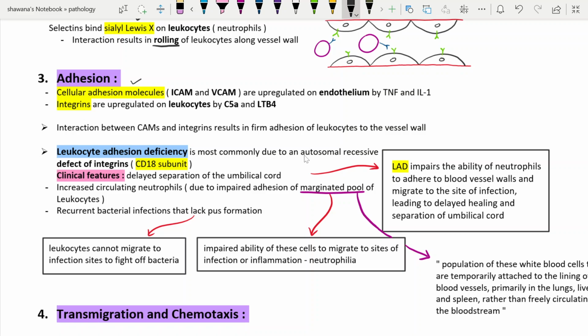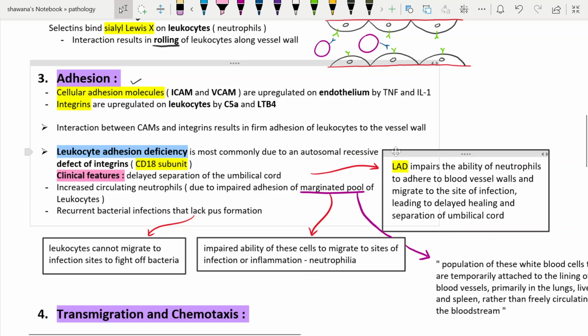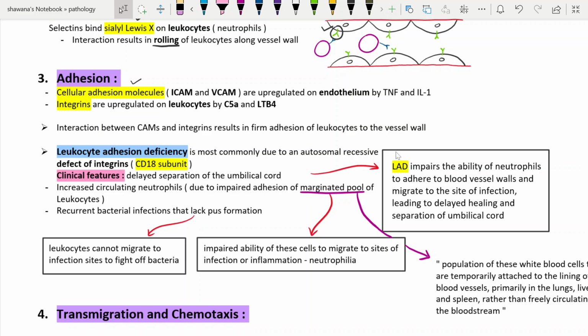Cellular adhesion molecules will be upregulated on the endothelium. And what will be upregulated on the leukocytes? These are integrins. Integrins will be upregulated on the leukocytes. What are the examples of cellular adhesion molecules? It can be ICAM and VCAM. You can pronounce it either way.